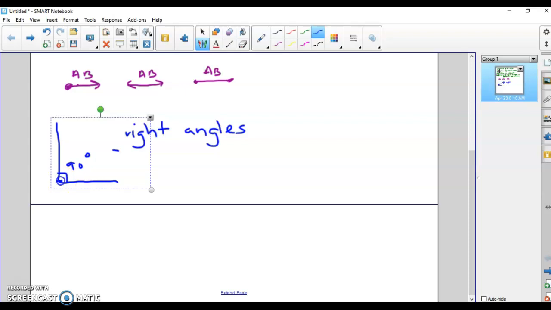So you can consider this point right here, and then this going on forever, and this going on forever. That is two rays connected to each other to form an angle. So if we were saying this right angle would be angle ABC.